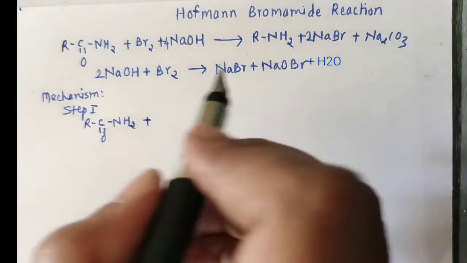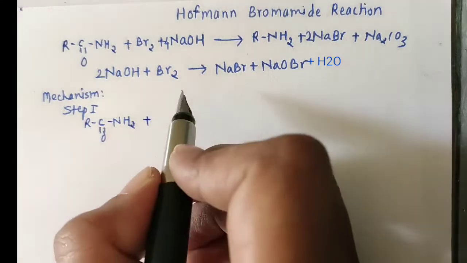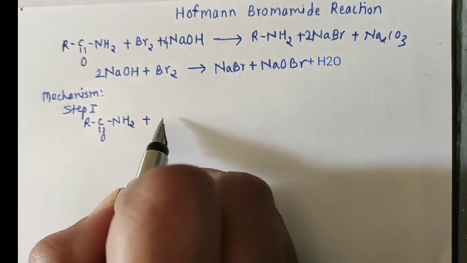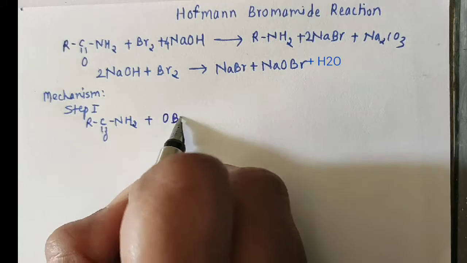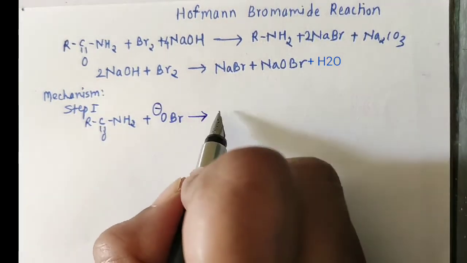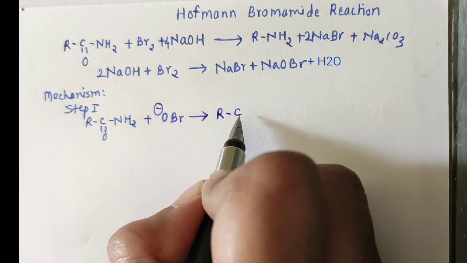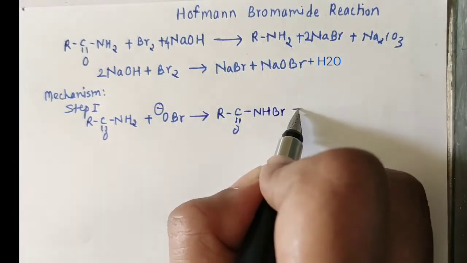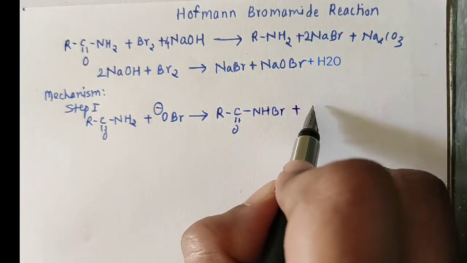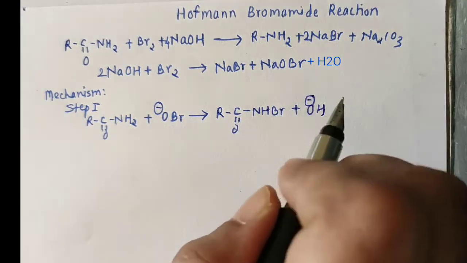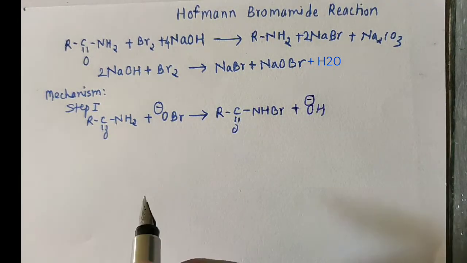The hypobromite dissociates as Na plus and OBr minus. This OBr minus, that is the hypobromite anion, replaces one of the hydrogen atoms by Br to form N-bromoamide. Along with this, there is formation of OH minus anion.